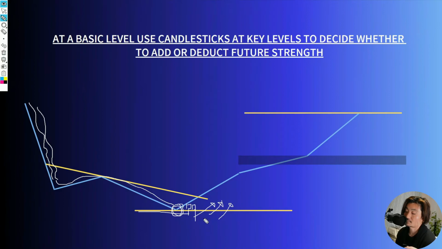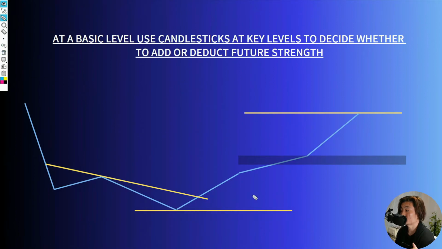This would add future long strength in conjunction with this trend line. However, let's say we did not get rejection candles that show future long strength and instead got rejection candles that show future short strength. In that case, you want to subtract strength from the long strength that was formed from this trend line.